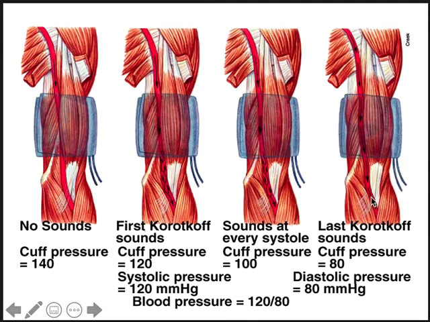And that you're not going to hear. So as soon as you stop hearing the Korotkoff sounds, that is your diastolic blood pressure, and the average healthy number for that is 80, so that's what we've used. So 120 over 80. 120 is the first sound. 80, you could say, is the last sound, or as soon as you stop hearing sound. Okay?